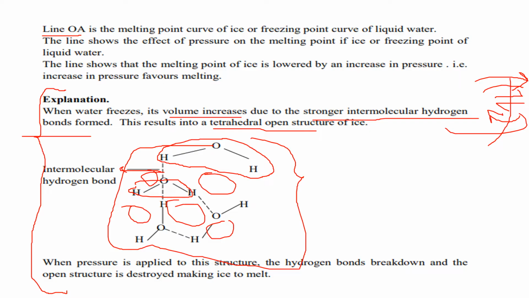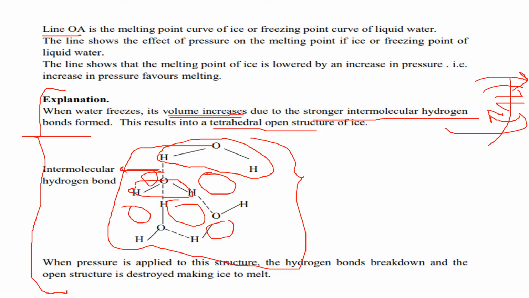That's why when water freezes, its volume increases due to formation of stronger intermolecular hydrogen bonds and an open tetrahedral structure with a lot of spaces in between the ice molecules, which eventually leads to an increase in volume. So that's the reason why water expands on freezing.